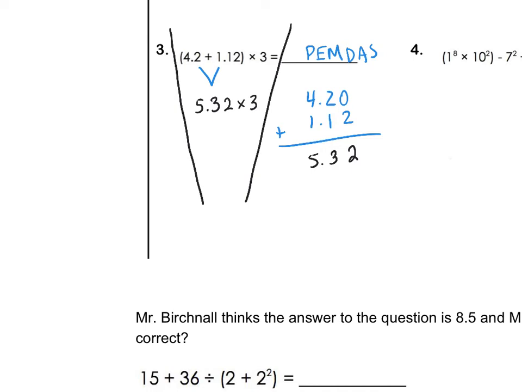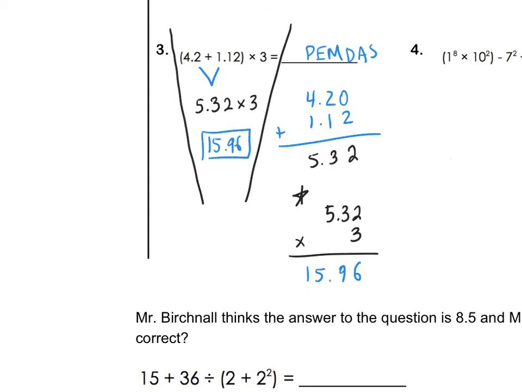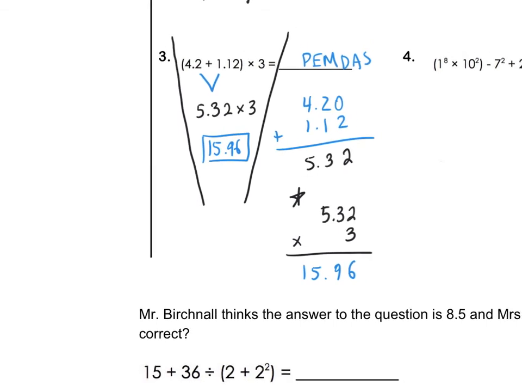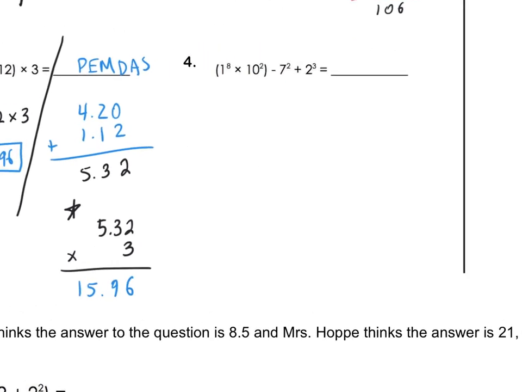And now tell me what you get when you multiply 5.32 times 3. What does this give you? You should have gotten 15.96 for your final answer there.